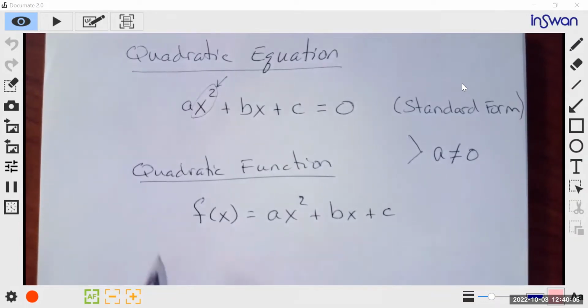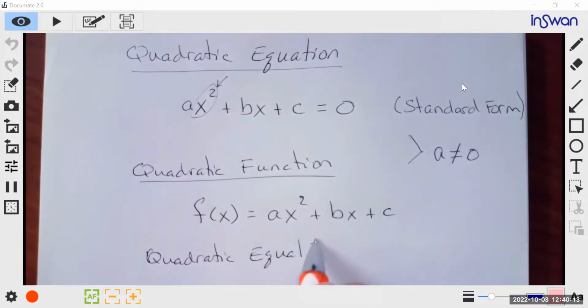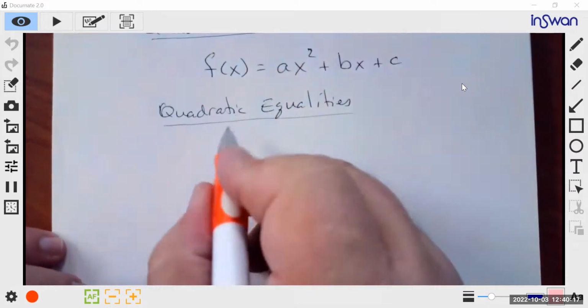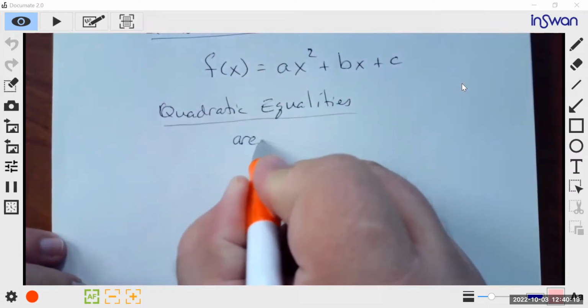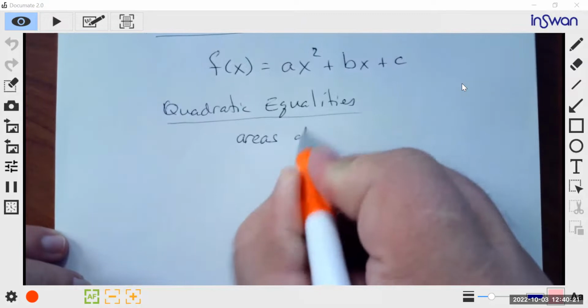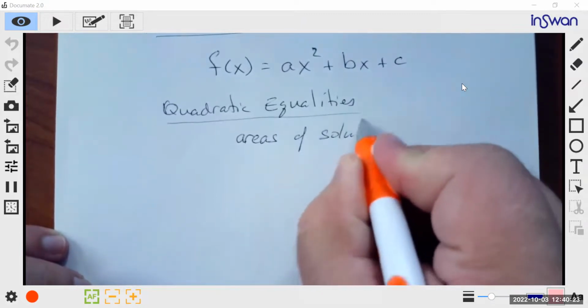And when we talk about inequalities, we're talking about areas of solutions.